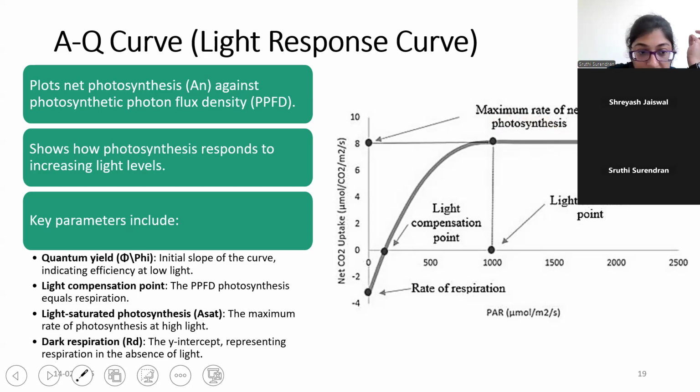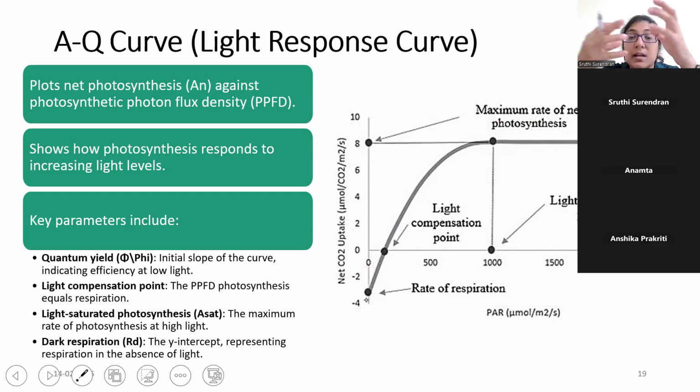Now, apart from that, it is also giving us another piece of information, which is the rate of respiration. Here we see that the carbon dioxide uptake is negative. What does that mean? What do you think that means? When carbon dioxide uptake is negative, it means there is no carbon dioxide being taken up. Instead, carbon dioxide is being lost.